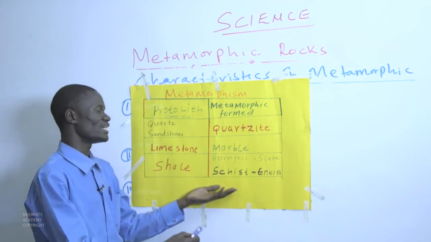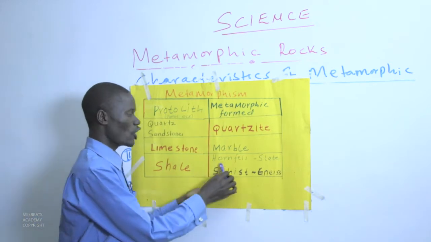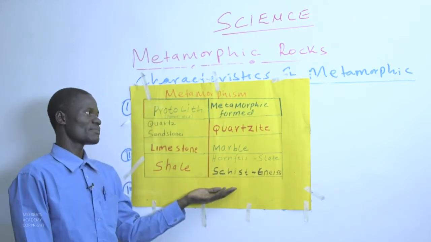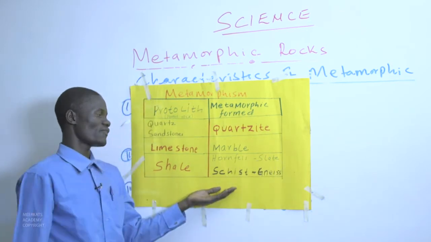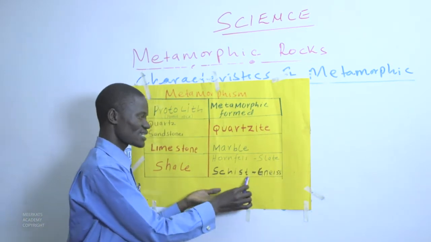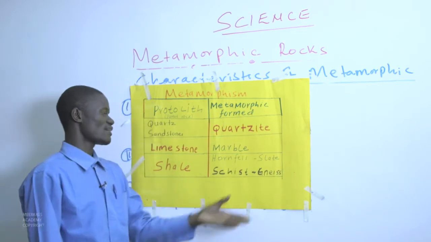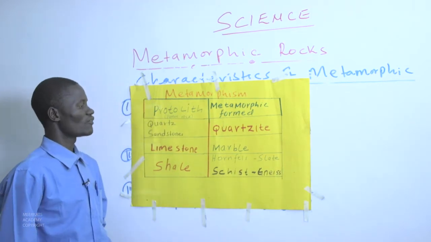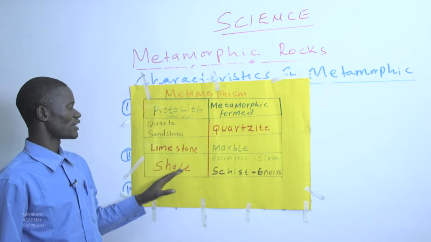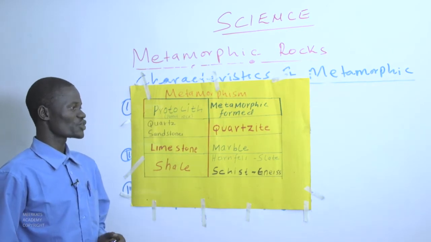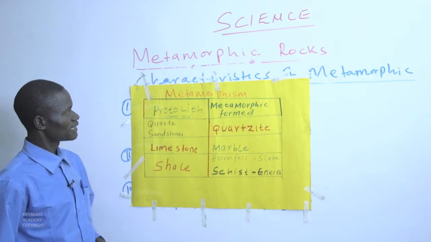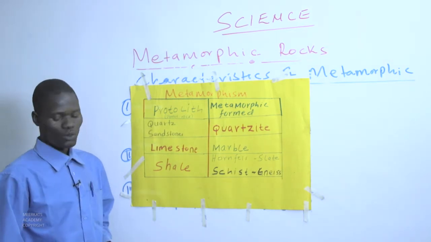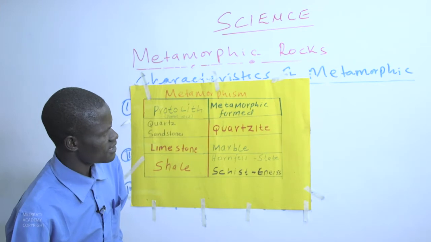When you increase heat, we'll find hornfels type of rock are formed, and then slate can also be formed, schists and gneiss. These are various formations of the metamorphism of the rock as we look onto it.